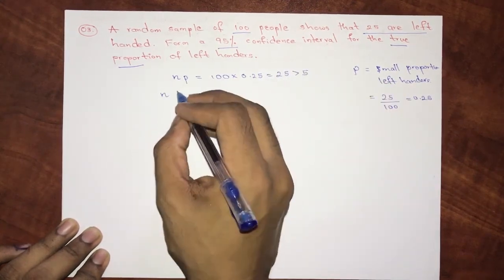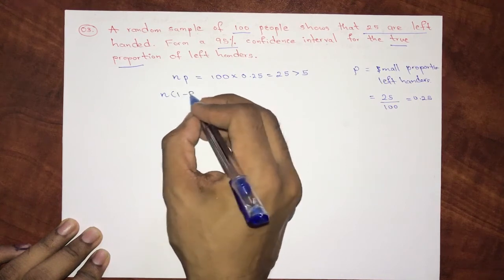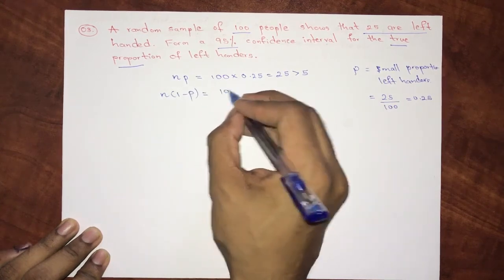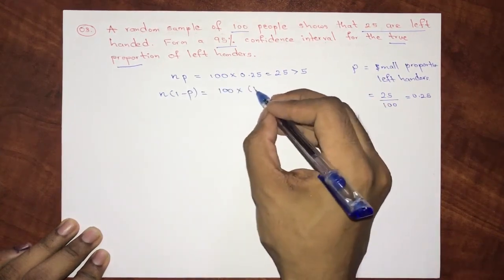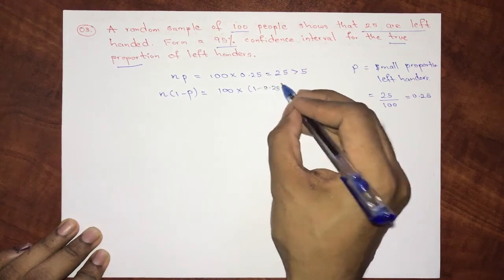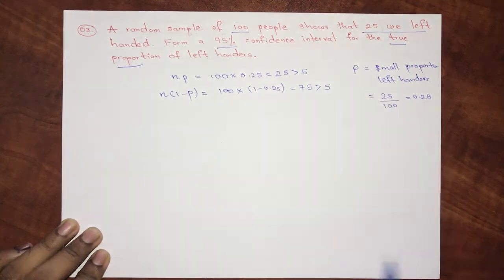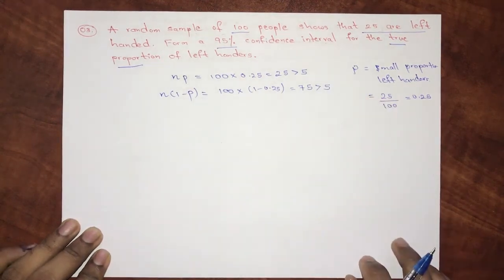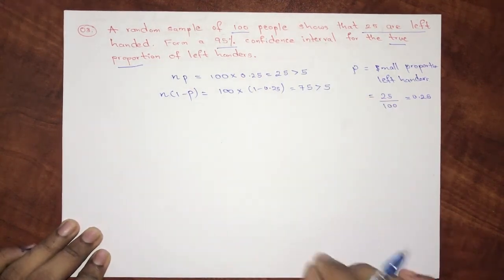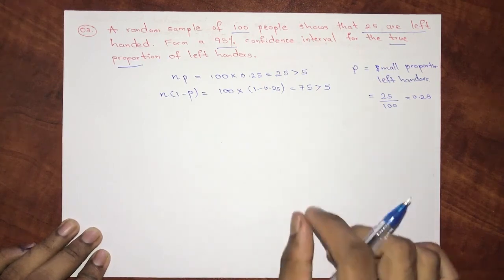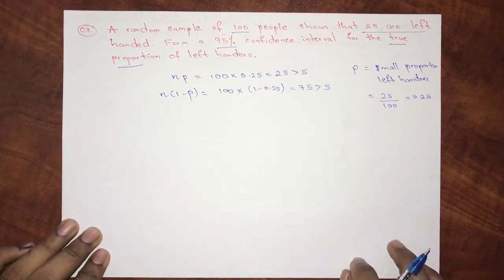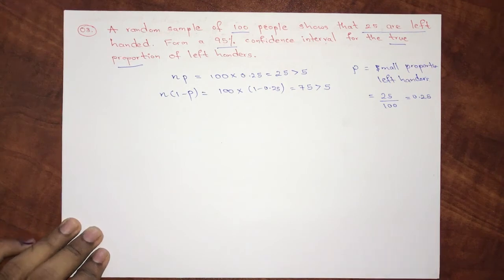And also n times 1 minus p also should be greater than 5. So let's check that. 100 times 1 minus 0.25, this is 0.75, which gives you 75. So that is also greater than 5. So that ensures that the sample is big enough, because then we can use the standard normal distribution for this.